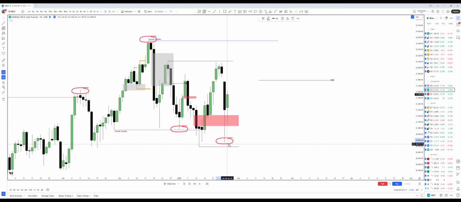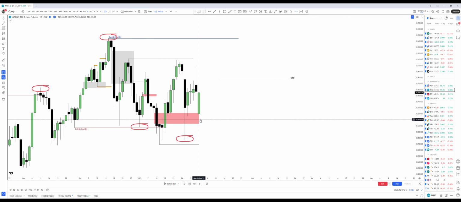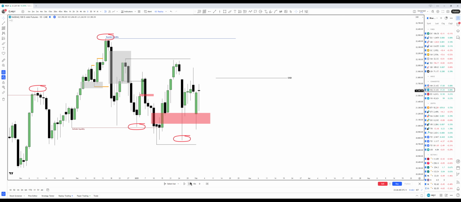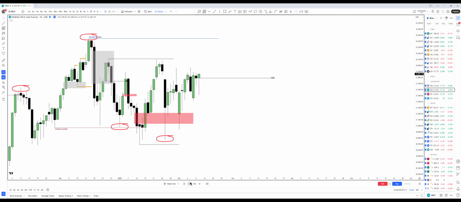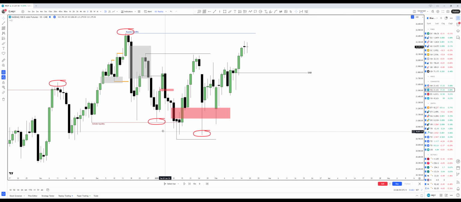All right. So now what I'm waiting for, and we just get back into this chop right here. So now this becomes my long-term low. Why? Short-term low, short-term low, intermediate term low, intermediate term low, intermediate term low.